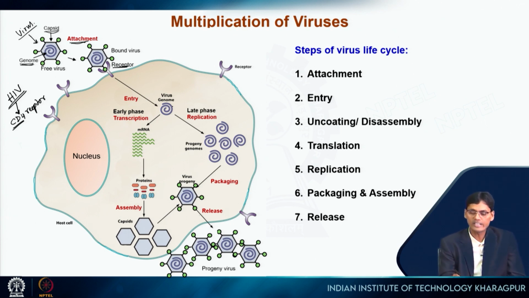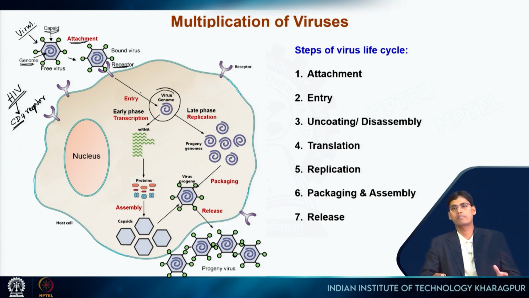And then, whenever the virus genome is present inside the cell, the viral genome will do many things. This is a very complex process, and it depends on what kind of virus we are talking about. For RNA virus, DNA virus, negative strand, positive strand, there are so many complexities.